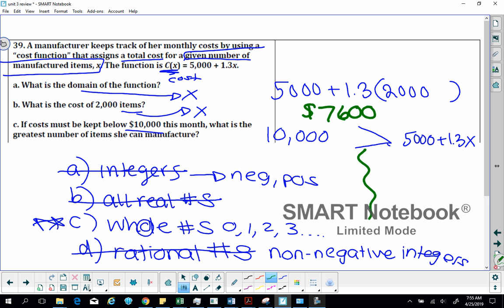Remember where we draw our river? We actually went over it yesterday. You would subtract 5,000 on both sides like this. And you'd end up getting 5,000, 1.3x. Then how do I get x by itself? How do you get x by itself here?